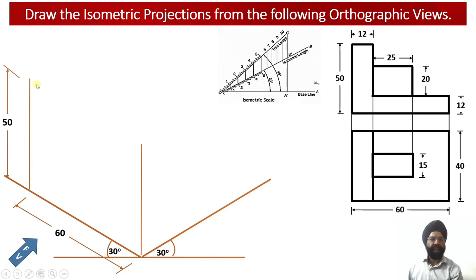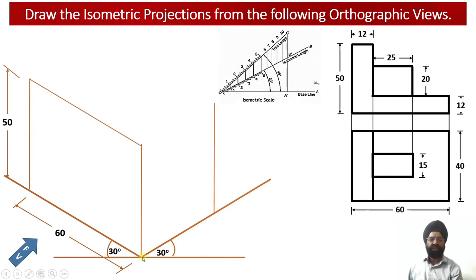In order to complete the front view face, we need to draw an isometric edge measuring 60 millimeter, and this edge will be parallel to the isometric x-axis. So with this construction, we have been able to complete the front view face of this particular solid. Let us now evaluate the construction of the right hand side face of the solid.